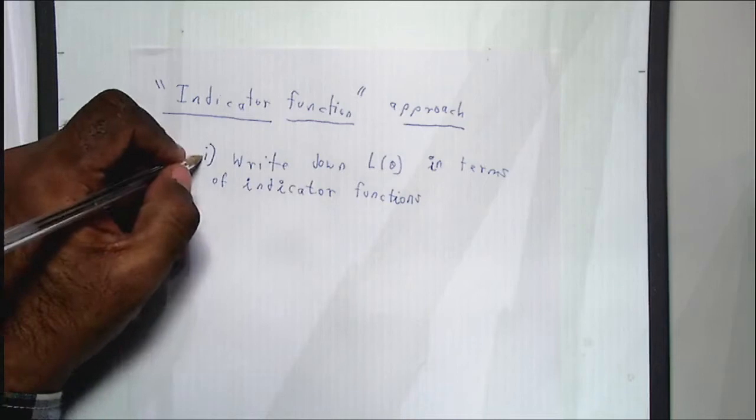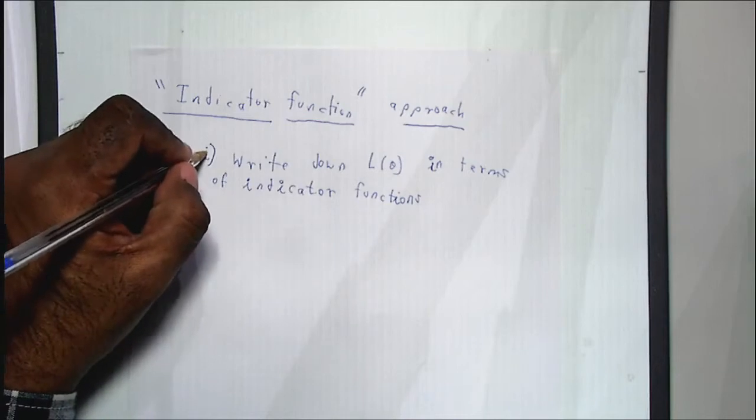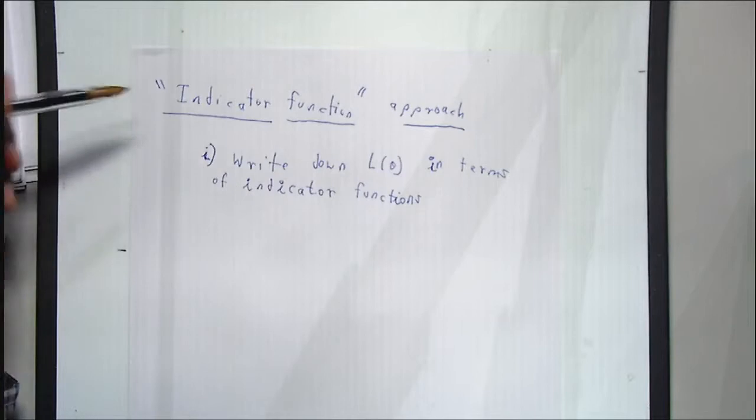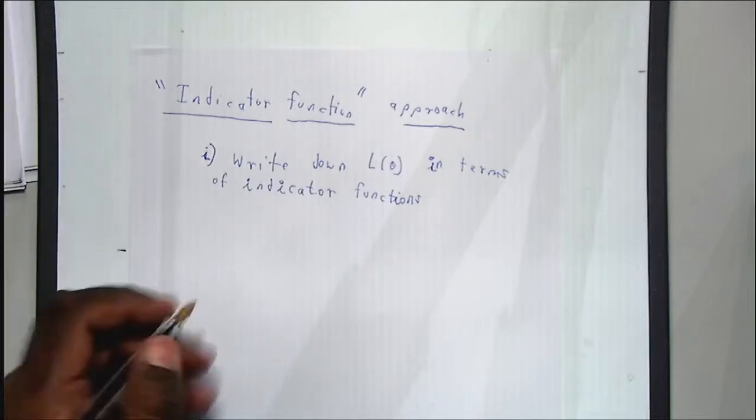The first step is to write down the likelihood function in terms of indicator functions, right? That's the first step.